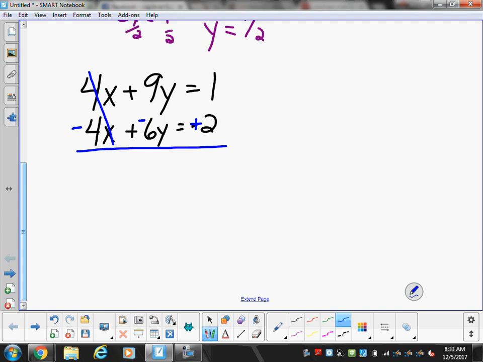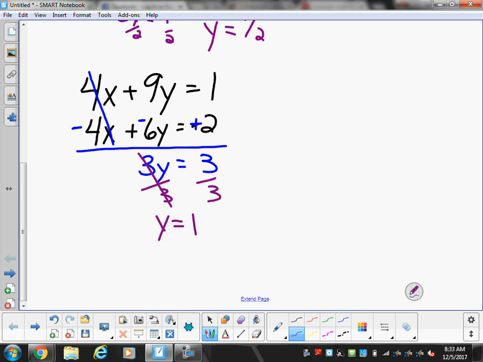Then 9y plus a -6y is 3y, and 1 plus 2 is 3. To get y by itself, I get rid of that 3. 3 divided by 3 is 1, so y equals 1.